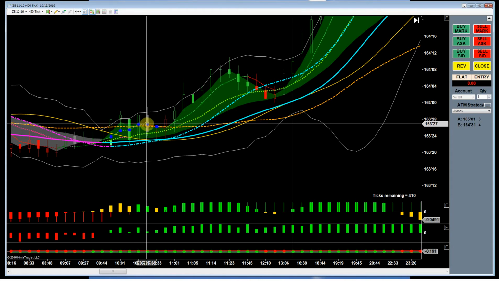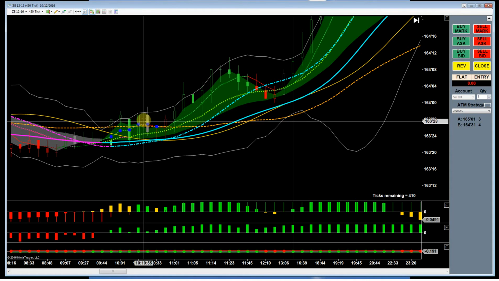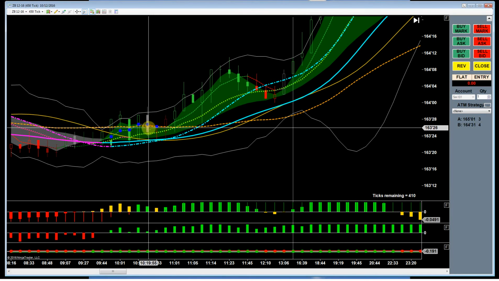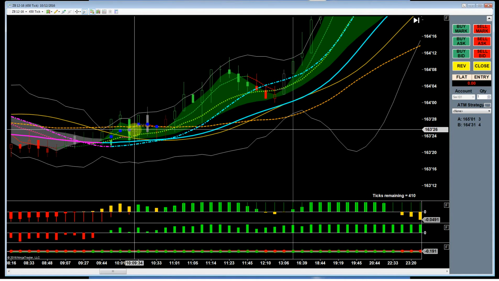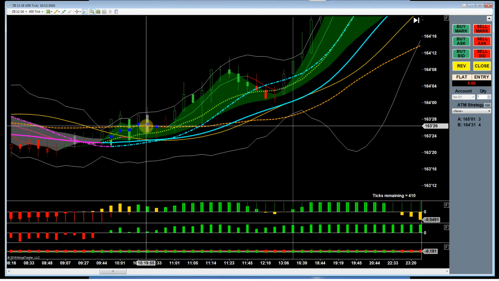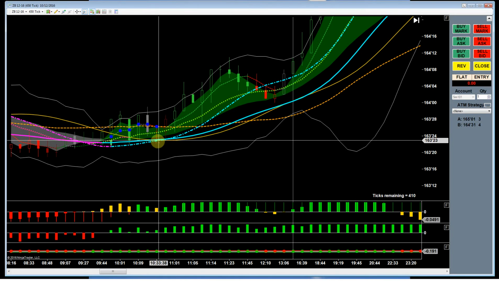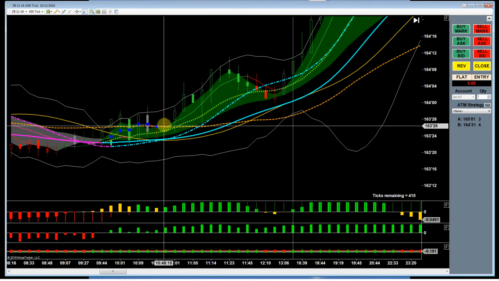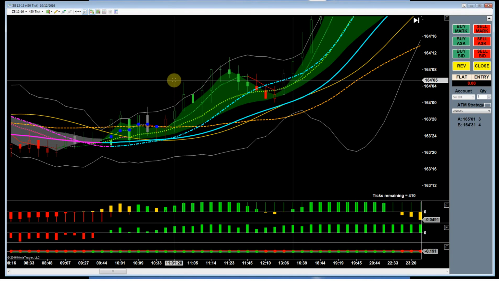If you got long here or there, there's no real problem, but the idea is that this would have been the best choice, because the prices have now lifted up above this filter and this filter is flattened out. So you get long here, and there's a little pressure on the entry, 26 coming down to 23, about 3-4 ticks pressure, and then 26 shoots up to 05 for 5 ticks.